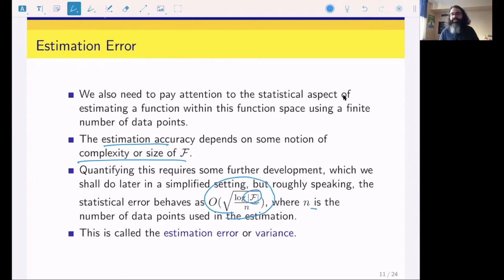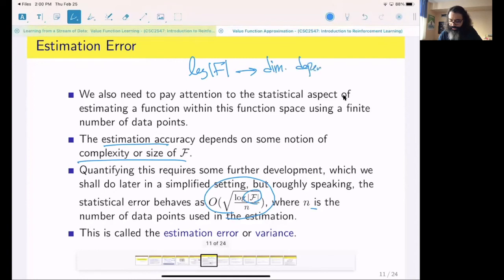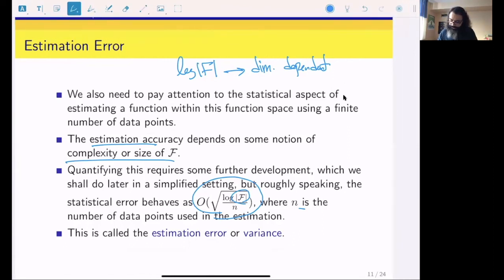This is not obvious in this formulation, but the size of log of f has a dependence on dimension too. It would be dimension dependent. Of course, it depends on the type of function approximator, but for example, for piecewise linear or Fourier basis, that's the case.